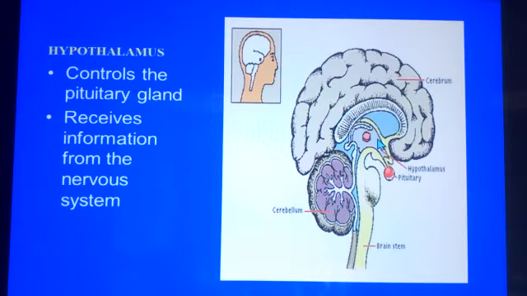The hypothalamus receives information from the nervous tissue or the nervous system. Remember, there are nerves innervating the brain section, those nerves that we call the cranial nerves. So it receives the information, and then it relays or delivers the impulse to the pituitary gland.